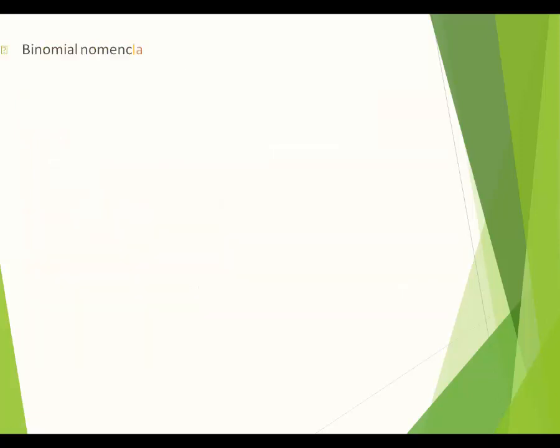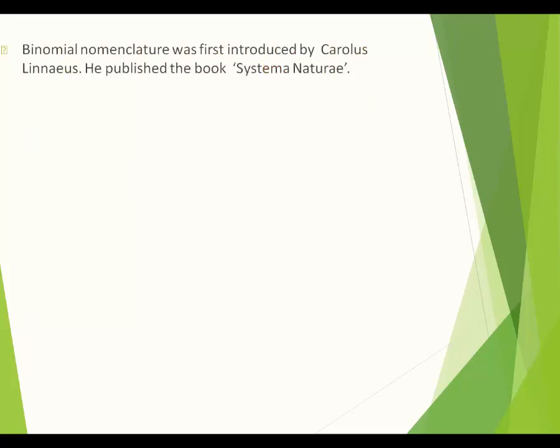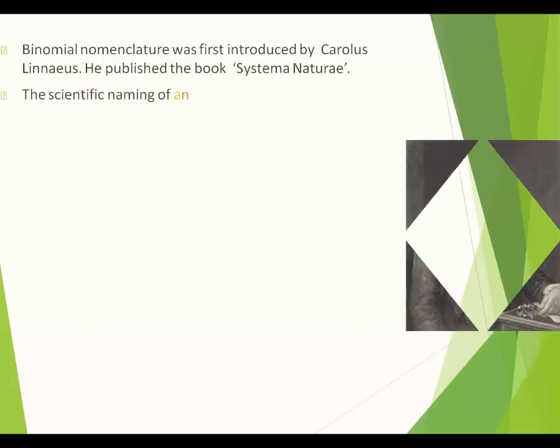Now, who formulated these rules of nomenclature? I discussed that botanical and zoological nomenclature rules have been established, but who first established these basic rules? You will come to know about this person.